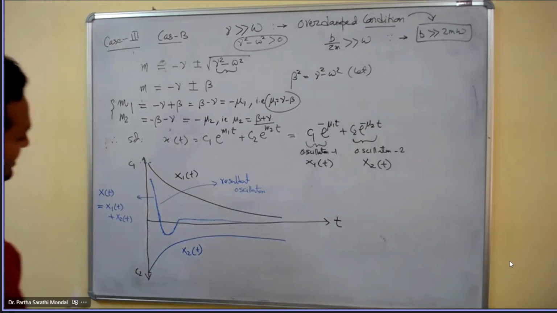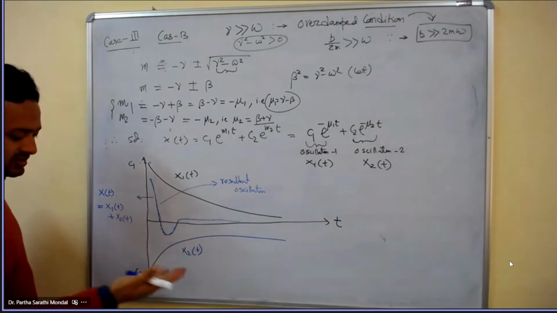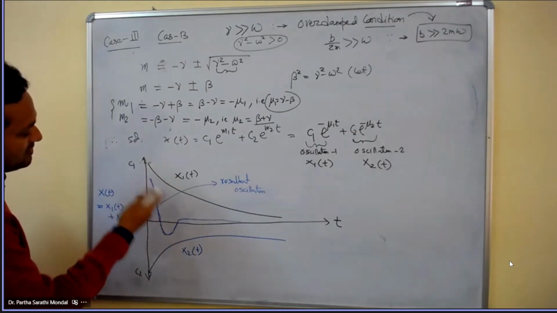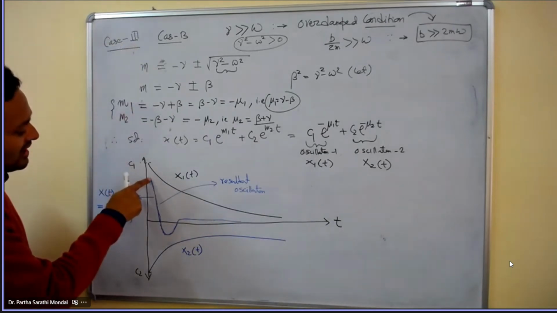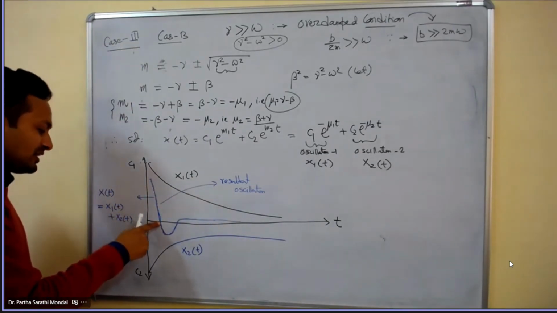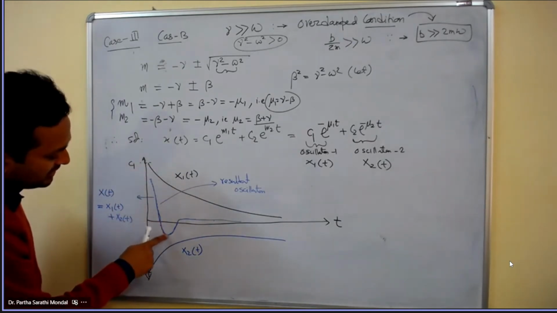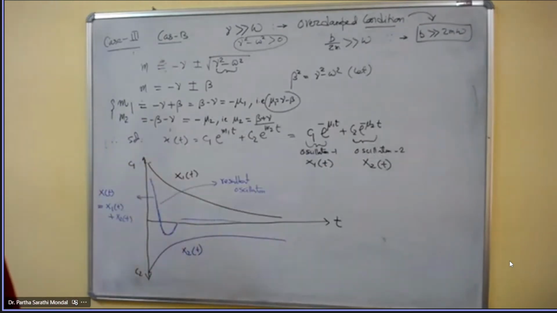That means your seat will first go up, starting from here, then cross the normal condition, then go in the negative direction, then it dies out. That is what we need. Otherwise, you will just keep on swinging like that. That is free oscillation with a decreasing amplitude.